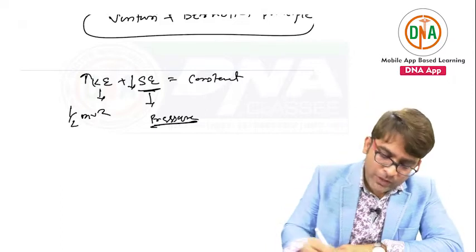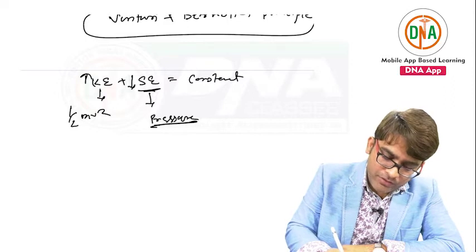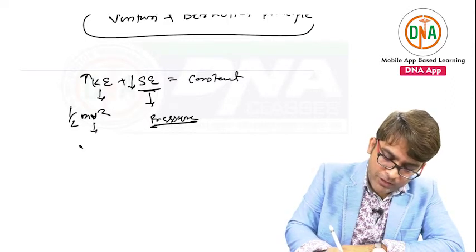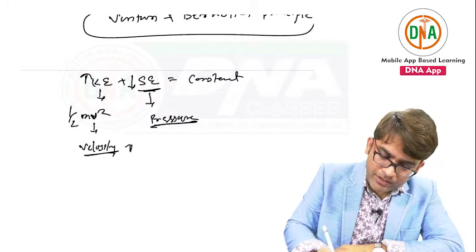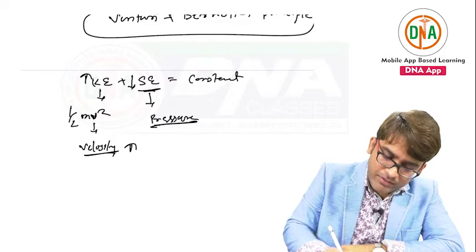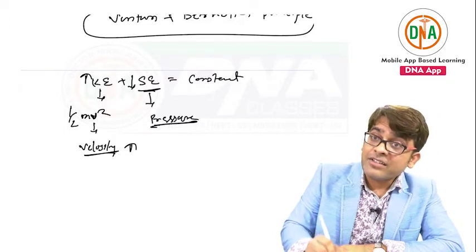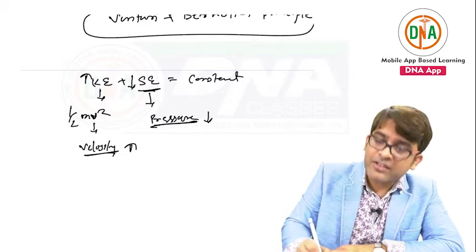Okay. So how can we increase the kinetic energy? In this formula, V is velocity. If velocity increases, it means kinetic energy increases. When kinetic energy increases, static energy decreases. Static energy decreases means pressure decreases.